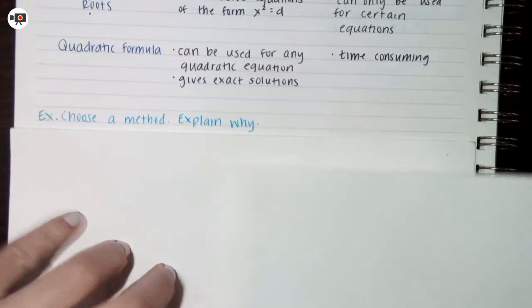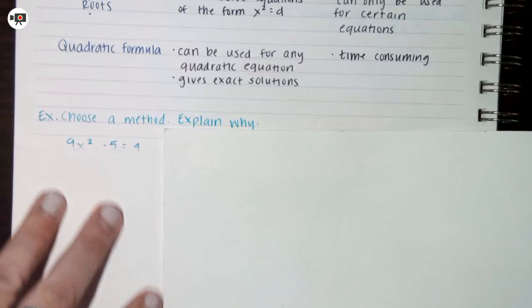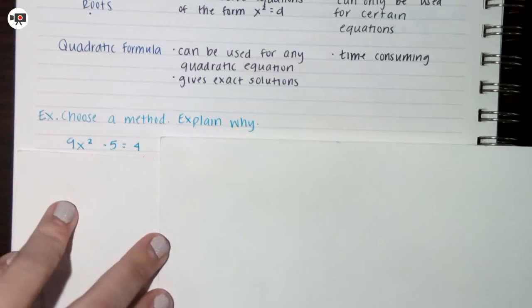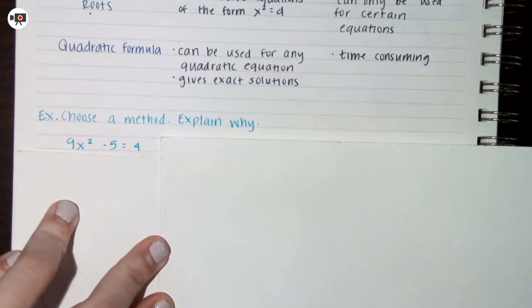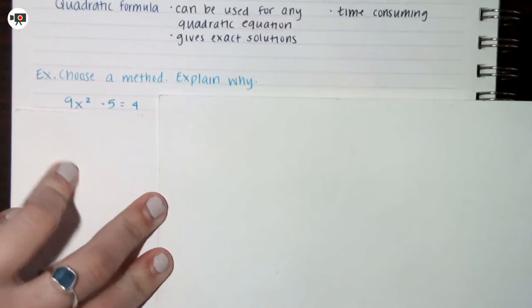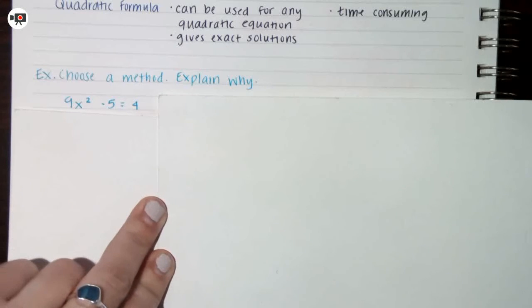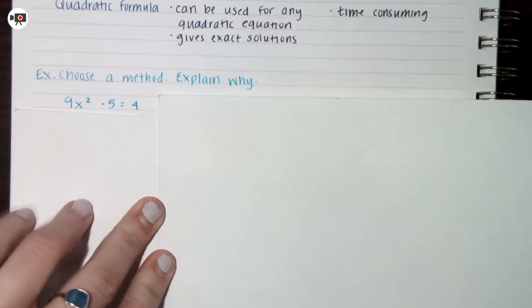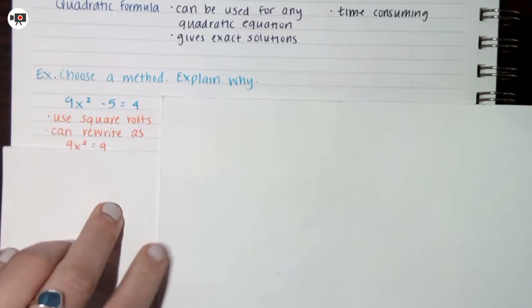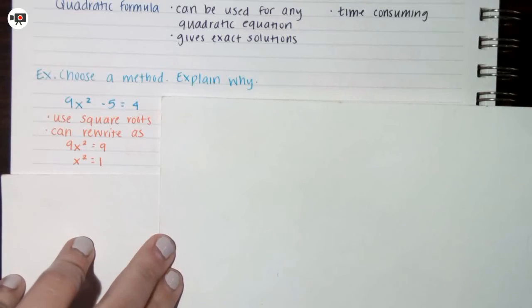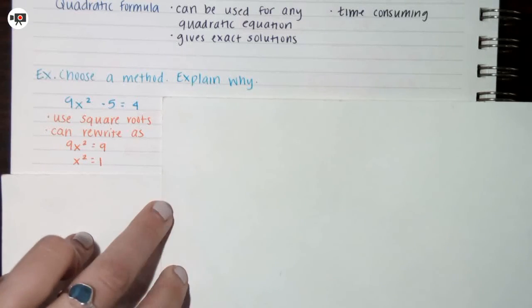Now we're going to look at a few different quadratics and explain which way is going to be the best way to solve it. So if I have 9x squared minus 5 equals 4, I'm going to solve this one using square roots because I can rewrite it as 9x squared equals 9, which is x squared equals 1.